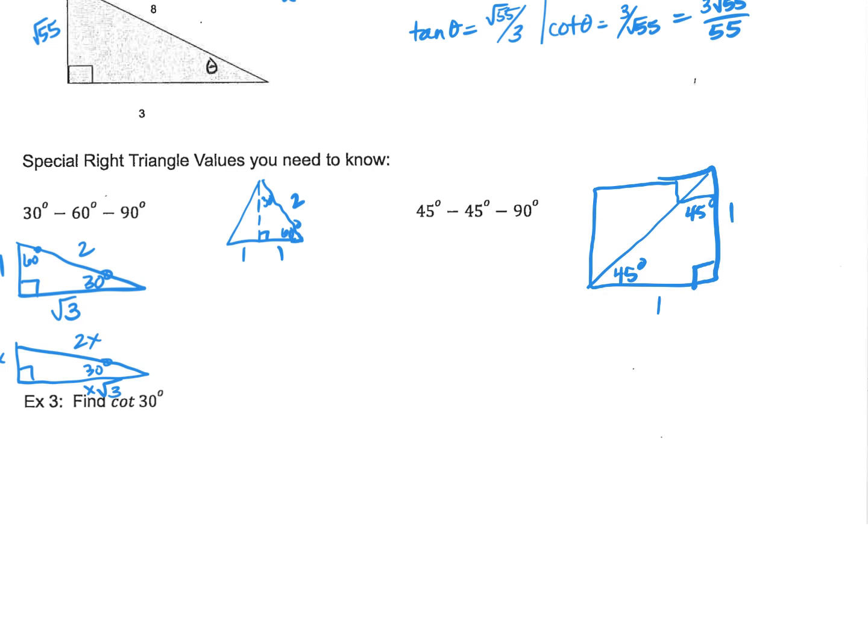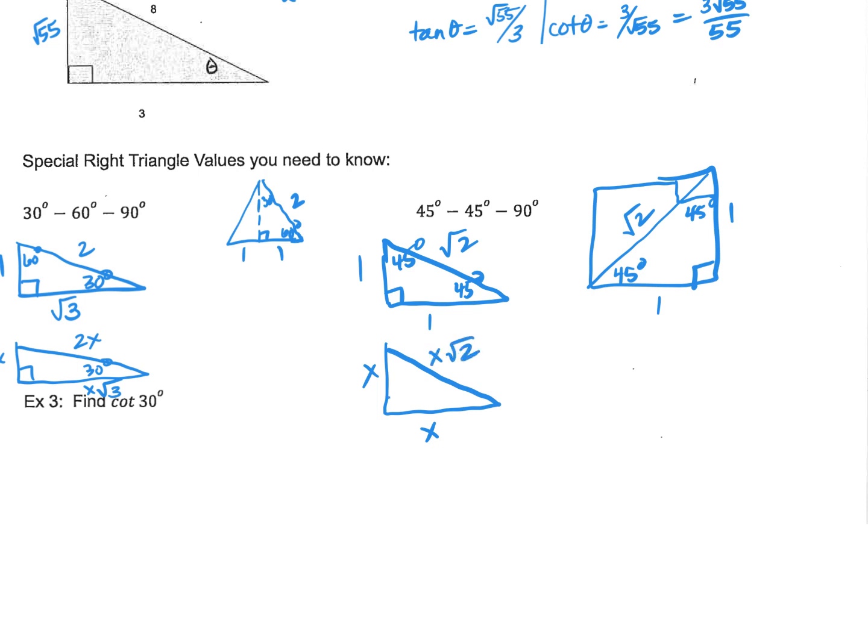What's 1 squared plus 1 squared? 2. And then if we take the square root of that, what do we get? Root 2. So there is our 45, 45, 90, terrible triangle drawing, it doesn't look like a 45, 45, 90. This is 1, 1, root 2. Or if we want to do it the same way we did it before, x, x, and x root 2. Okay? Y'all good with that? Do we understand where they come from now?